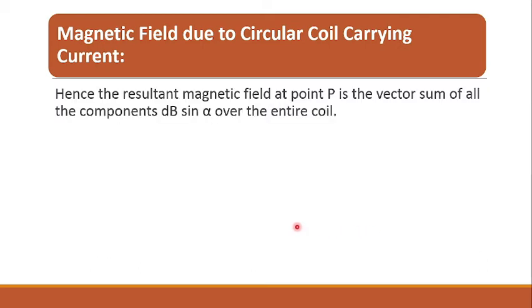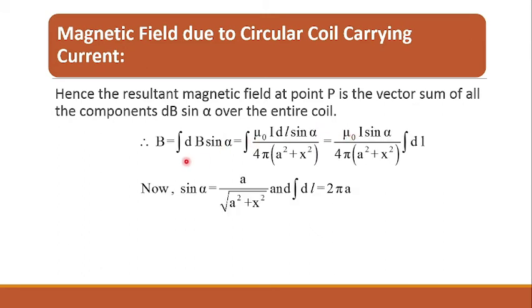And hence the resultant magnetic field at point P is the vector sum of all the components dB sin alpha over the entire coil, and therefore we can write B is equal to integral of dB sin alpha, which is equal to integral of mu 0 upon 4 pi, I dl sin alpha upon a square plus x square, which is equal to mu 0 I sin alpha upon 4 pi (a square plus x square) into integral of dl.